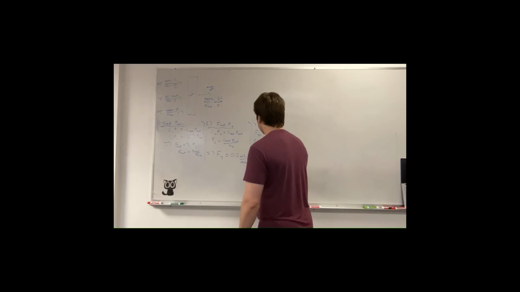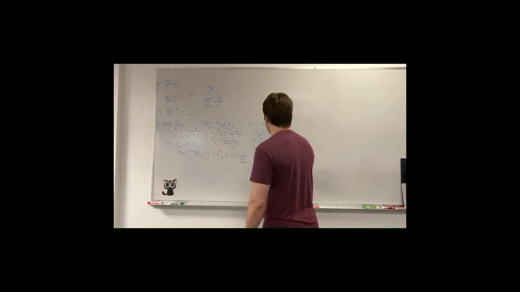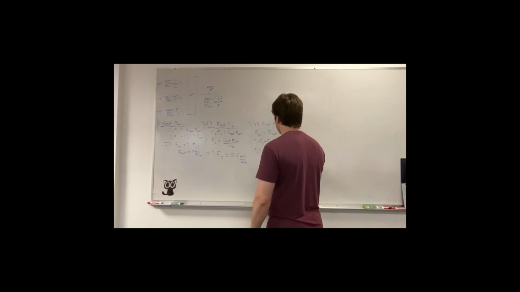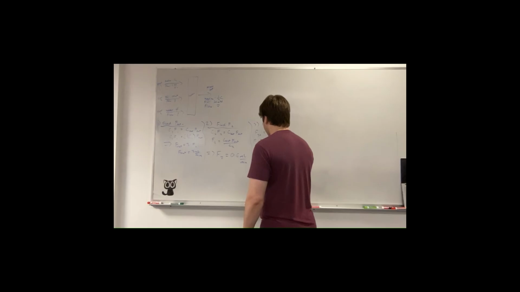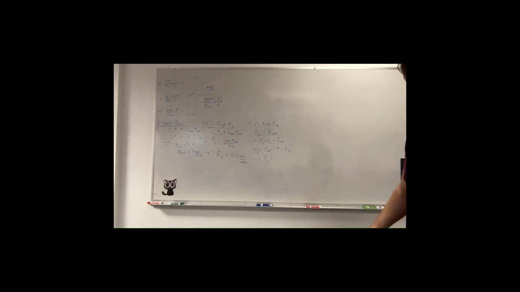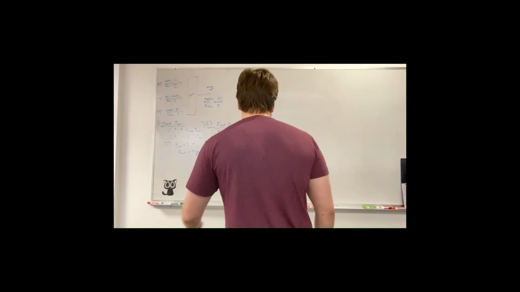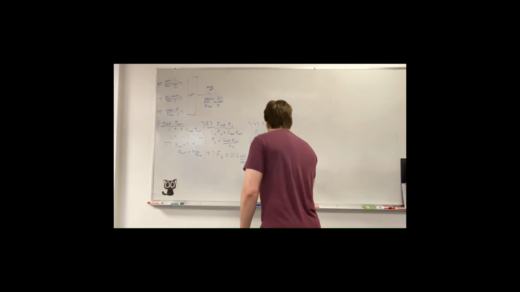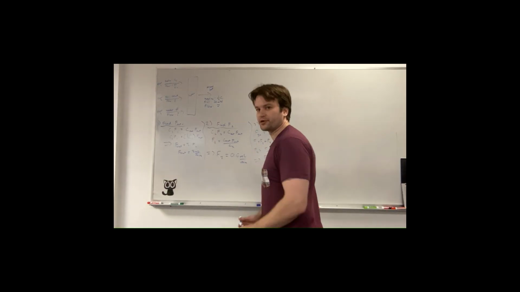Isolate F3, that's equal to F out minus F1 minus F2. So F3 becomes 1.4 mils per minute. Yeah, and there you go.